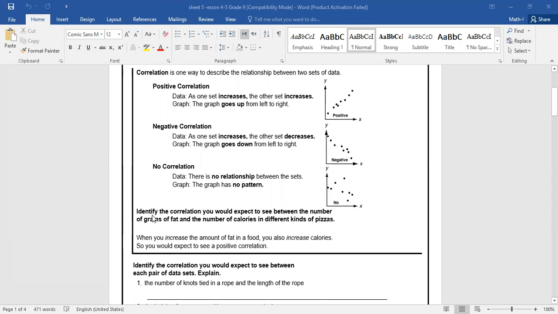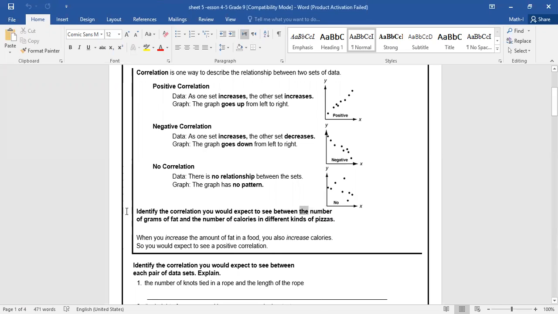We have an example. Identify the correlation you would expect to see between the number of grams of fat and the number of calories in different kinds of pizza.